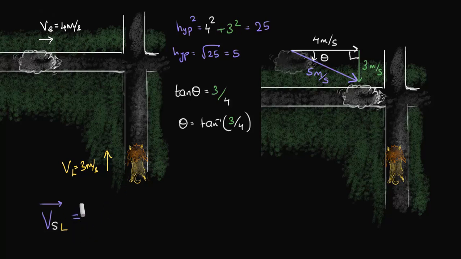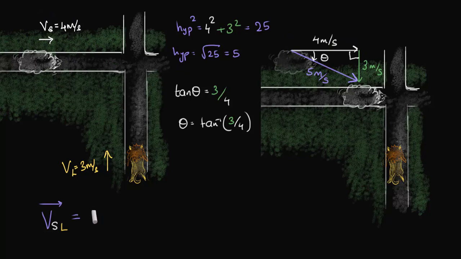So anyways, let's try to write this now. What is this equal to? This vector is this vector which we have drawn, 5 meters per second. So how did we get this is the question. Well, we added this vector and this vector, right? This is a triangle law, vector addition. So we have to add the white vector, but white vector is just the velocity of the sheep as seen from the ground.